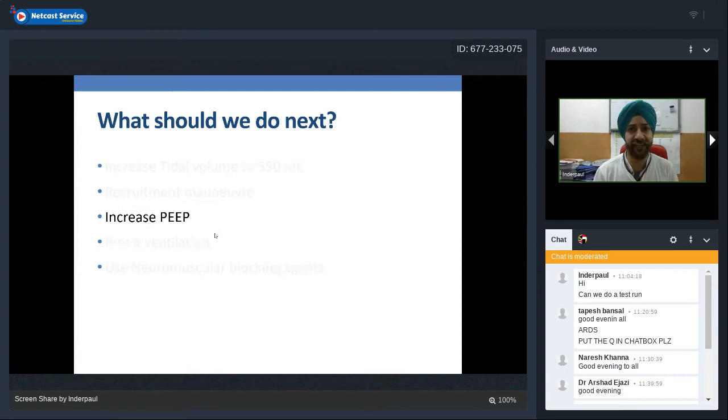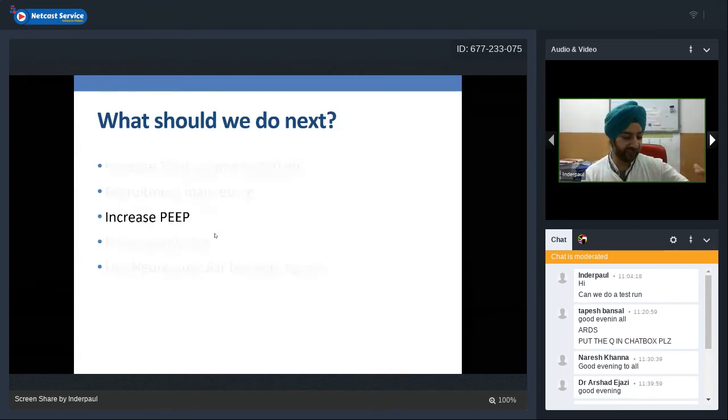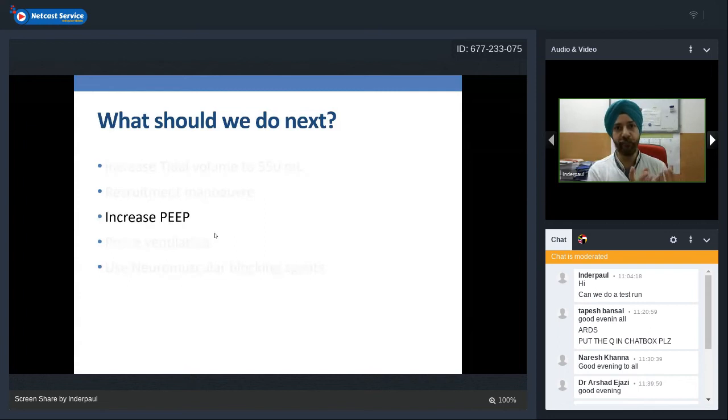Leaving that aside, what happens in ARDS is that because the lung is damaged, higher airway pressures get transmitted to the pleura, and the pleural pressures actually become more positive in some areas as compared to the alveolar pressure. Transpulmonary pressure is the difference between the airway pressure and the pleural pressure.